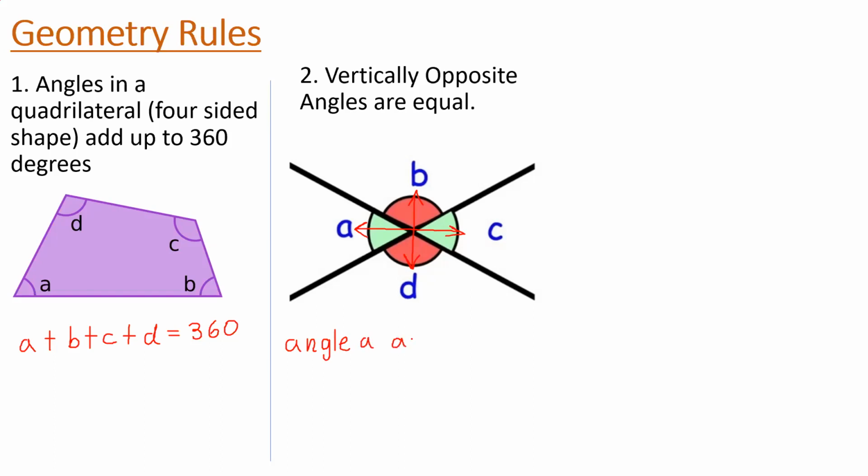Vertically opposite. So angle A and angle C are vertically opposite. What other angles based on this are vertically opposite? B and D. Yes, B and D.